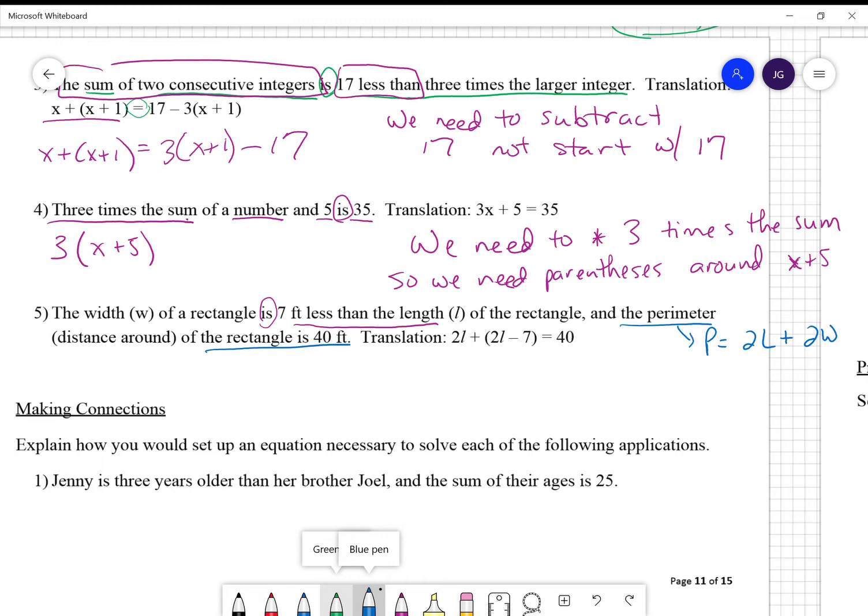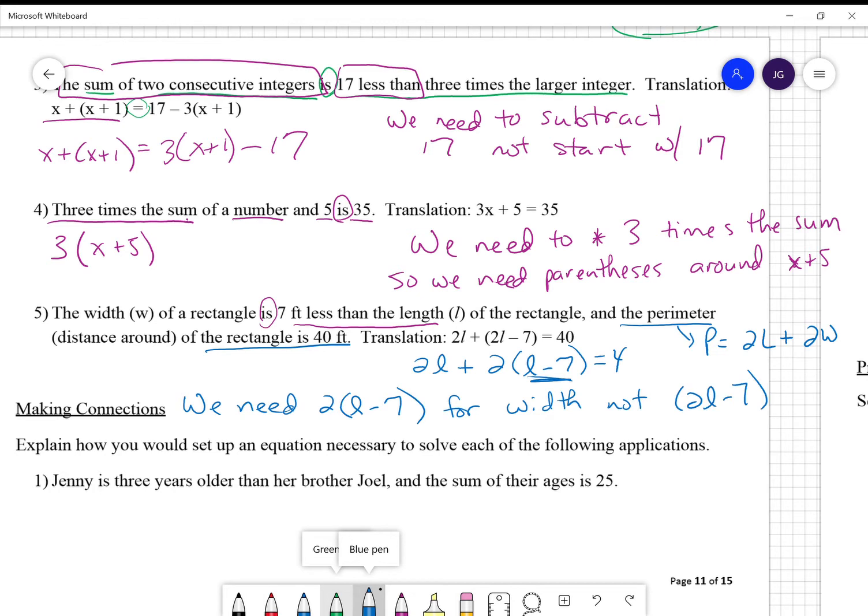So they have 2 lengths plus parentheses 2L minus 7 equals 40. 2 lengths plus 2 widths. The width is L minus 7, not 2L. We need 2 times L minus 7 for width, not 2L minus 7.